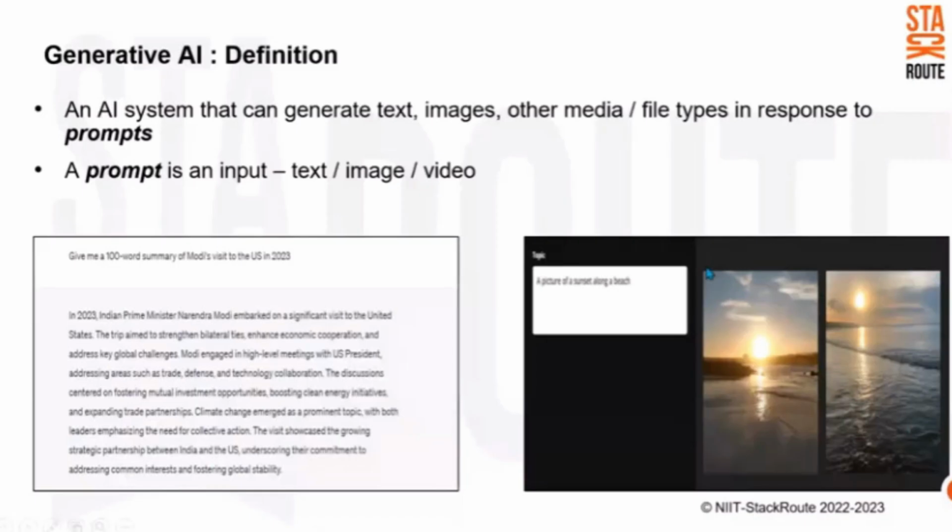Now, how does the system know that it has to get this information or this information? So how does the system know that I have to generate this information? How does the context get generated or extracted?